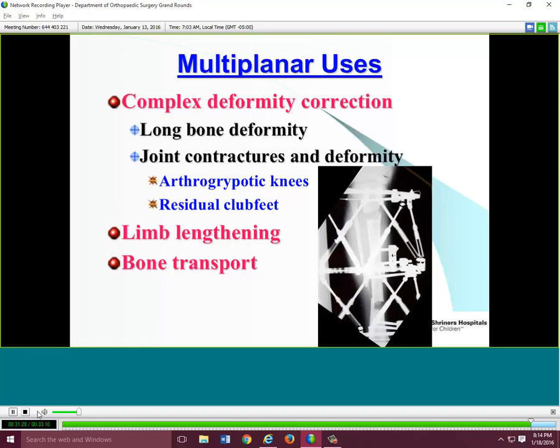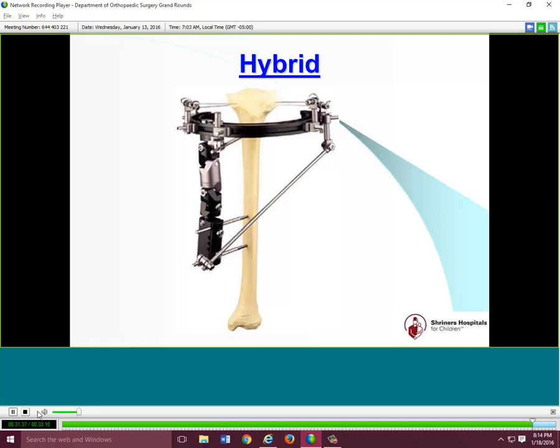So you're making more bone where you're removing it from, and you're compressing it up above to get the two ends to heal together. And then there's hybrids where you have something that is a uniplanar in one area and acts more like a circular up above or down below. And that's very helpful if you need to get some extra stability. It's less bulky than a typical circular fixator, but it gives you a lot of different options on what to do.